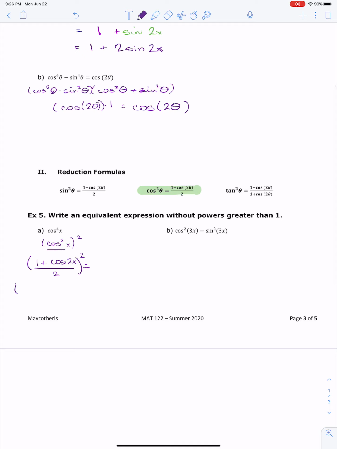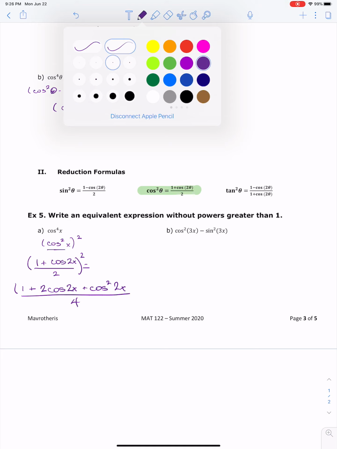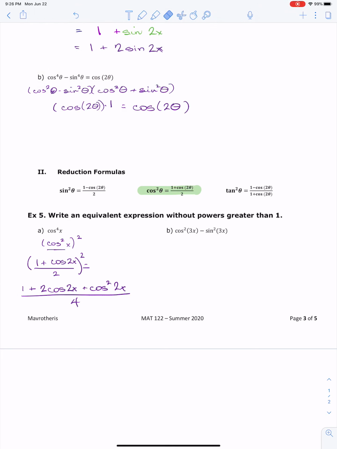So my numerator looks like 1 plus, I have cosine 2x plus cosine 2x, so I have 2 cosine 2x. And then I have cosine 2x squared, so cosine squared 2x. This is all over 4. I don't need this parenthesis.